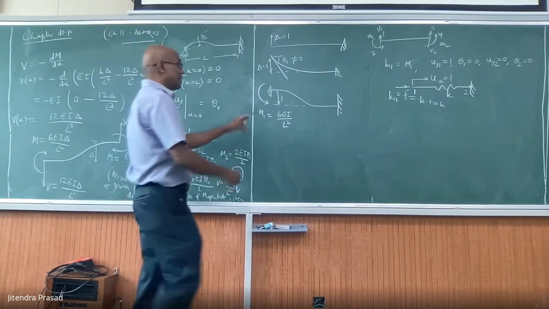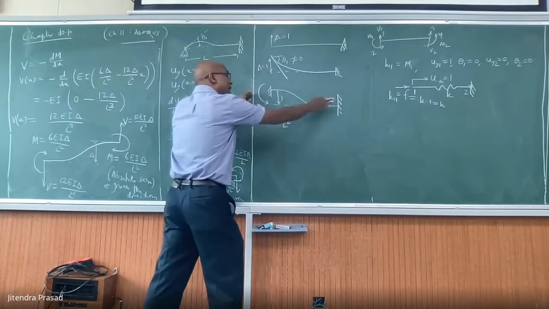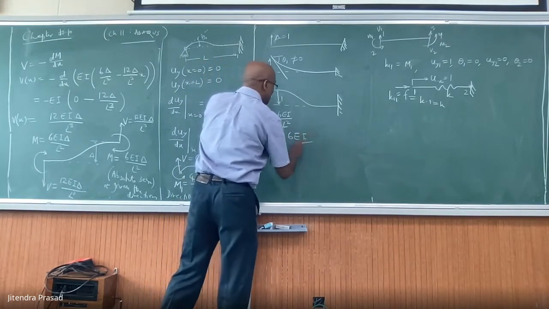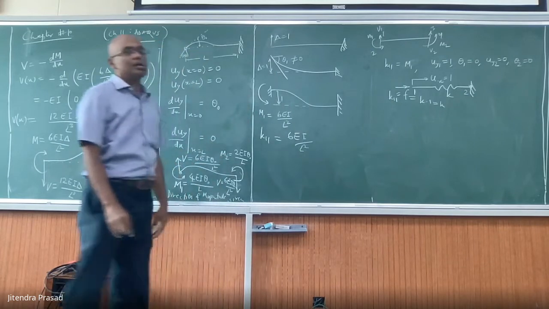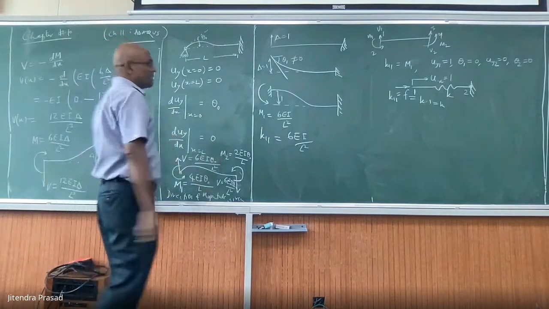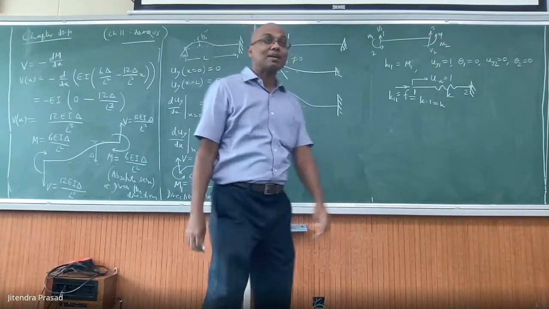All others are 0. So K11 is equal to what? 6EI over L square. Simple as that. This is anti-clockwise only. So K11 is 6EI over L square.